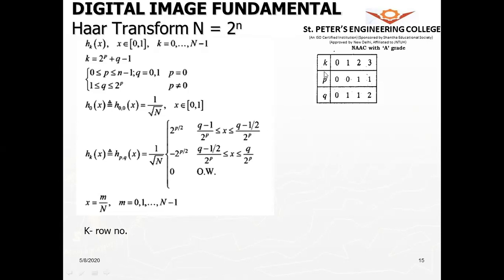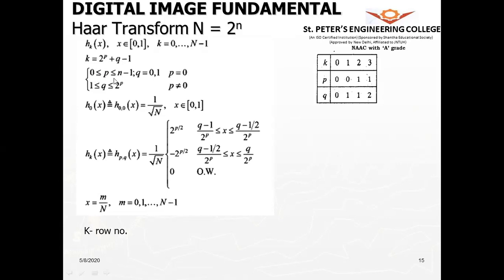Therefore, k will vary from 0 to N minus 1, so it is 0, 1, 2, 3. Then from this equation, we compute the values of p and q to be these combinations here. So p can take a value from 0.